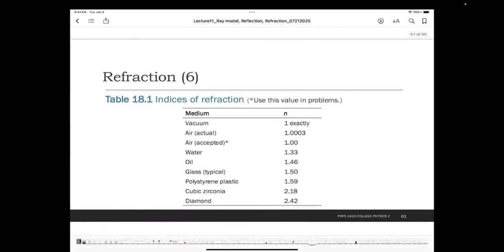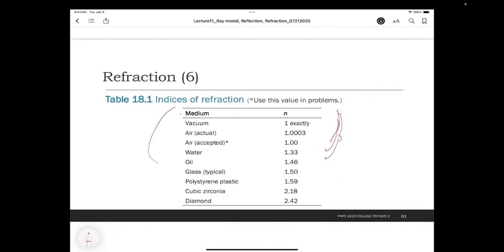And these are some indices of refraction. We talked about this in chapter 17. You can see in a vacuum the index of refraction is 1, and in air it is actually 1.0003.